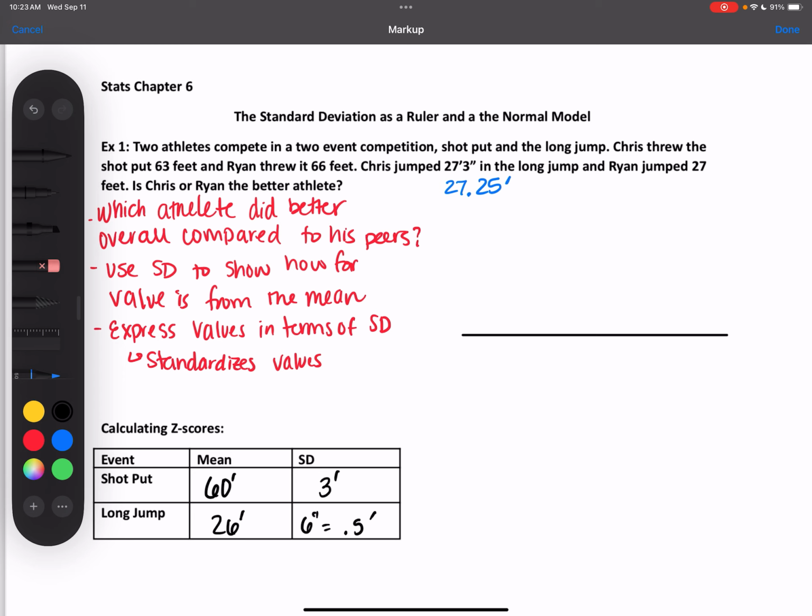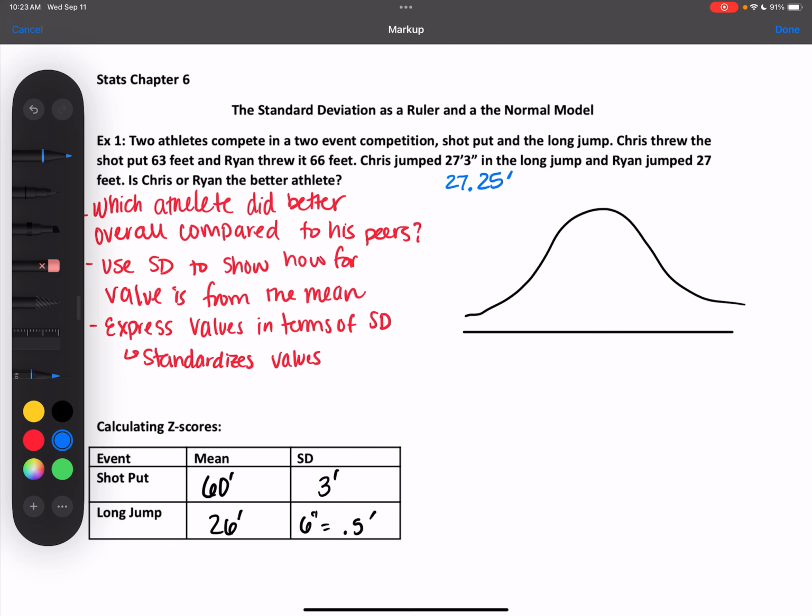All right, I'm just going to draw a normal curve so that we have it for reference. So the mean is the middle value here. And then we have 1, 2, and 3 standard deviations.